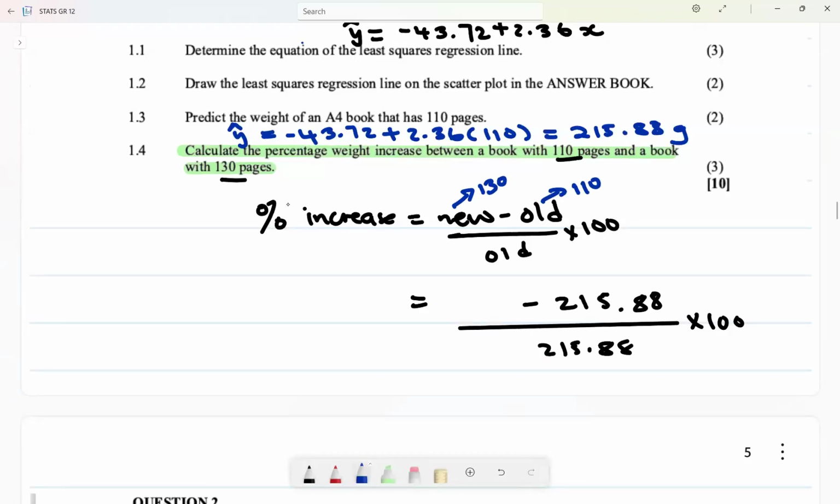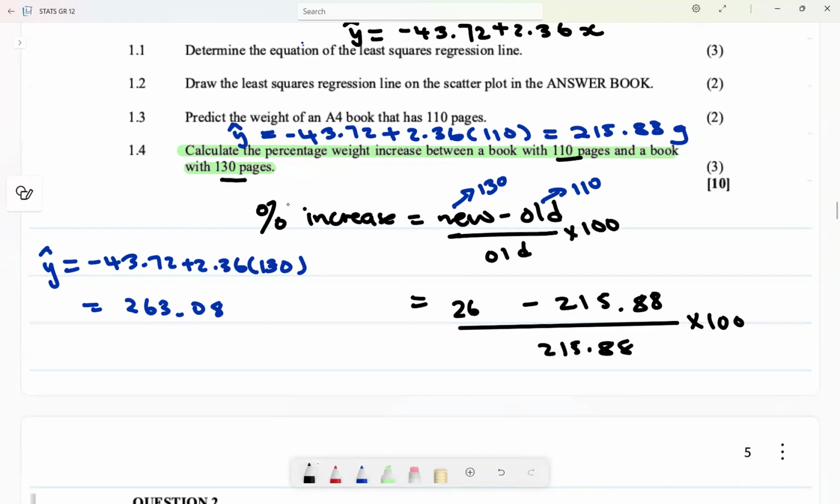When I put this on my calculator and predict for 130, it's going to be negative 43.72 plus 2.36 times 130, and I get something like 263.08. I can just punch it here: the new one is 263.08. And then I get a percentage increase of something like 21.86.